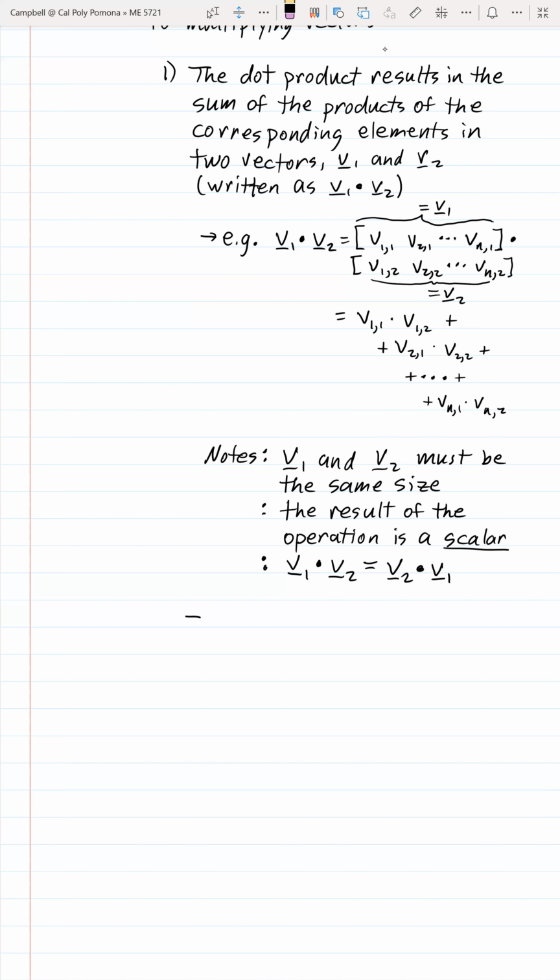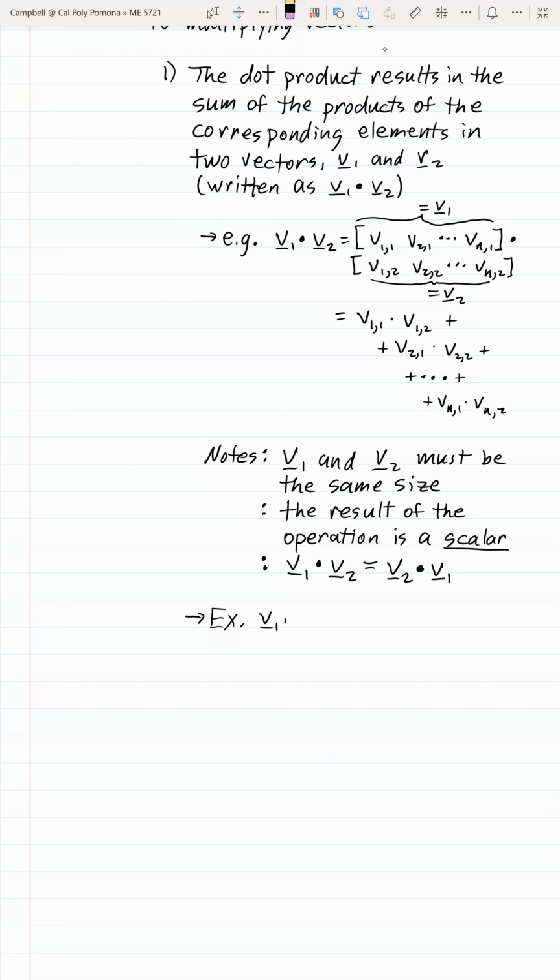Before we go on to the next thing, let's do an example, and then we'll connect this to other things that are pertinent to what we have or will be discussing in the class.